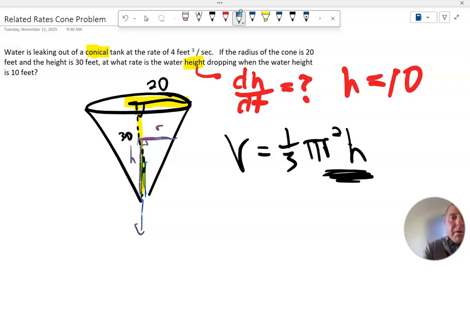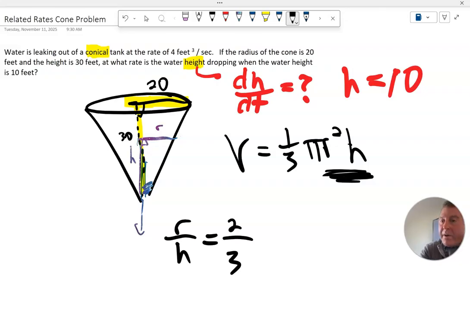And if you recall, because of similar triangles, that yellow triangle, or part of the yellow triangle, and the sparkly triangle are similar by angle. They both share this angle at the vertex of the cone, and the 90-degree angle. So therefore, the radius to height ratio at any moment has to be equal to the original radius to height ratio. That's 2 to 3, or 20 to 30.